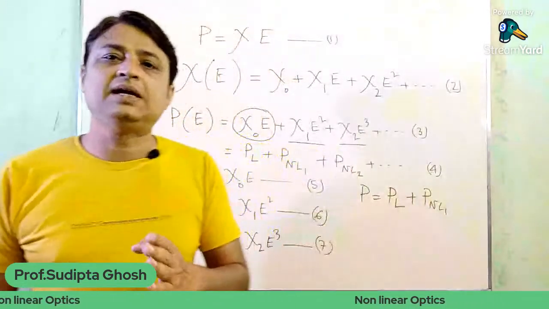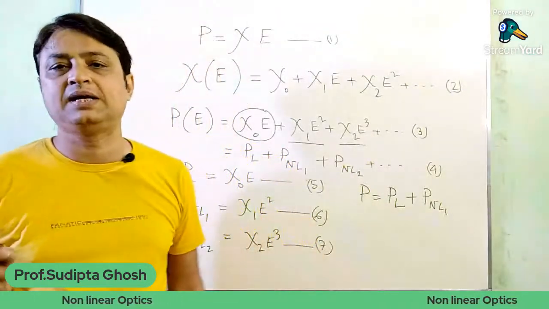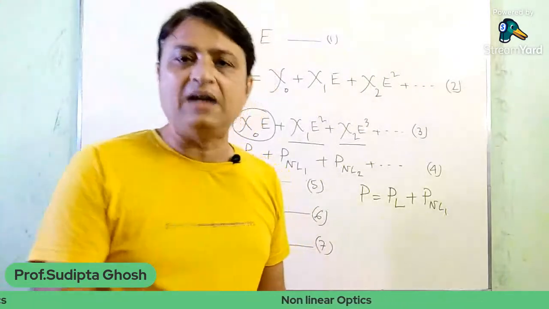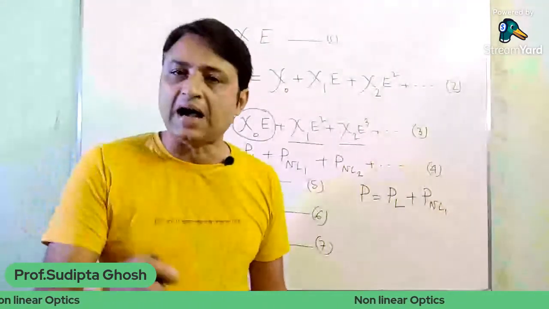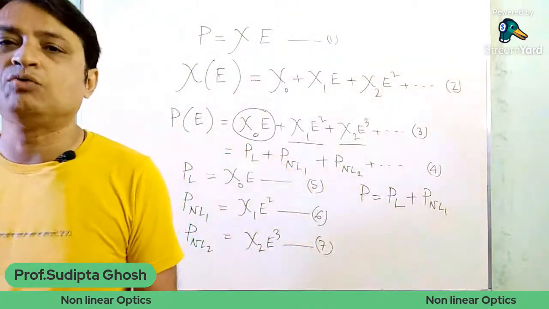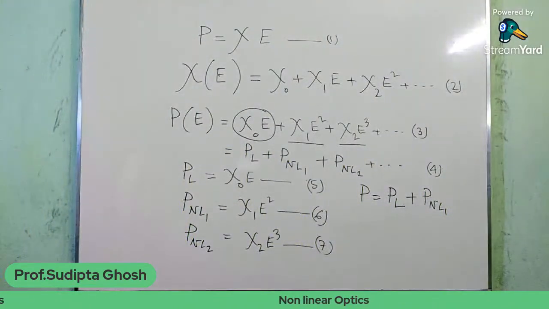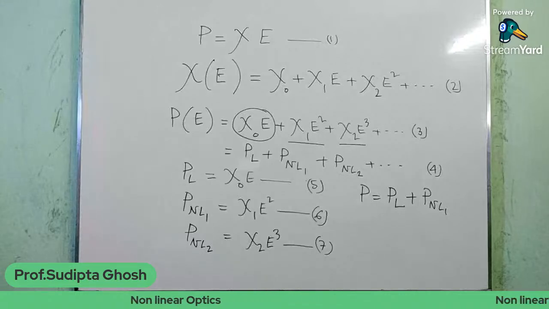Some dielectric materials are regarded as non-linear materials because the value of chi1, the first order non-linear susceptibility term, is high enough that with a reasonable electric field intensity, chi1 E square is significant in comparison with chi0 E. Only those dielectric materials are regarded as non-linear materials.